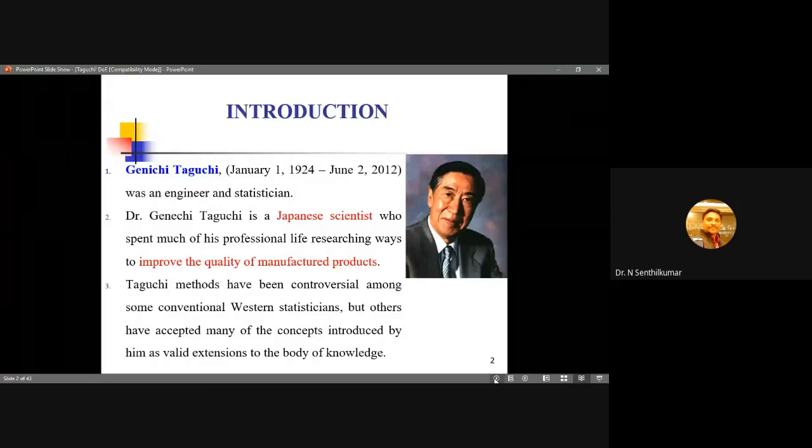But some concepts introduced by Taguchi, like the quality loss function, have been adopted in most manufacturing industries across the world. Even though some concepts are not accepted by Western statisticians, most are accepted and adopted in manufacturing industries.